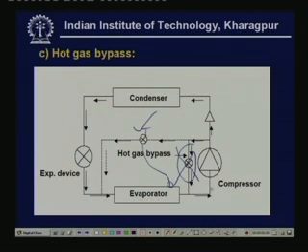It is not going to the inlet to the compressor. So, it flows through the evaporator, and since it is in vapor form, it does not contribute to the refrigeration effect. So, refrigeration capacity reduces. That means you can have hot gas bypass either to the inlet to the compressor or to the inlet of the evaporator. Both the methods are possible.